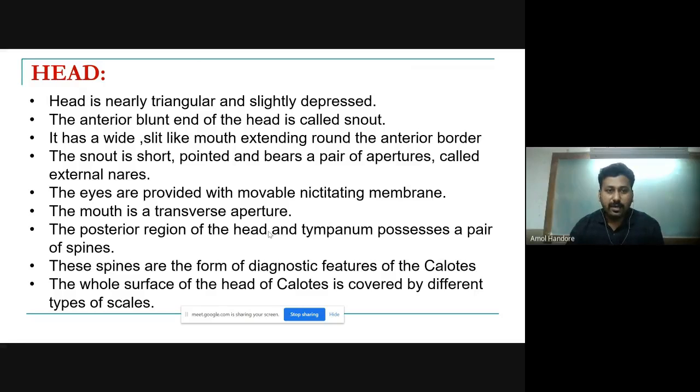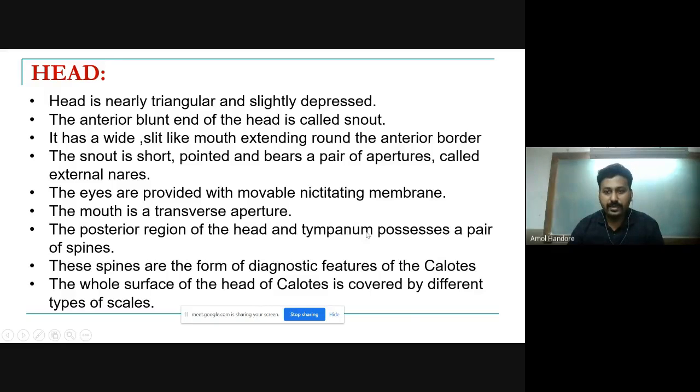Eyes, as I told you, are present laterally, so they have monocular vision, and in the eyes they have the movable nictitating membrane. You must have heard this name, nictitating membrane, which is a vestigial organ in higher organisms like humans. However, it is well developed in the case of Calotes. The mouth is a transverse aperture, a slit-like opening on the snout part of the head.